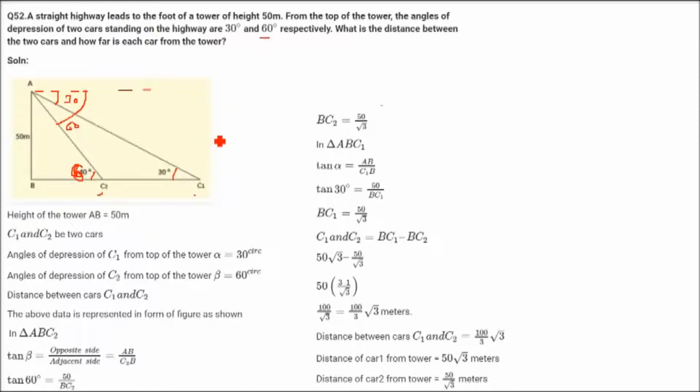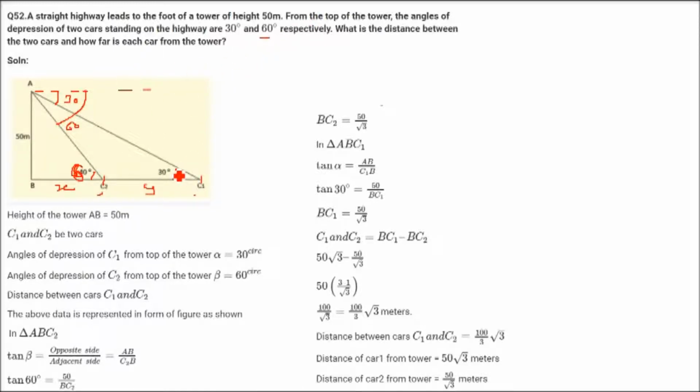Now, what is the distance between the two cars and how far is each car from the tower? So let us assume this to be x and this to be y. So we have to find x and y. y will be the distance between these two cars, and x plus y will be the distance from the tower.